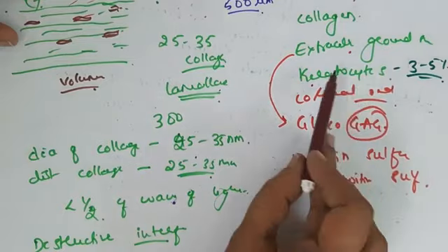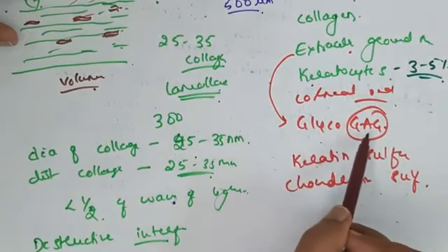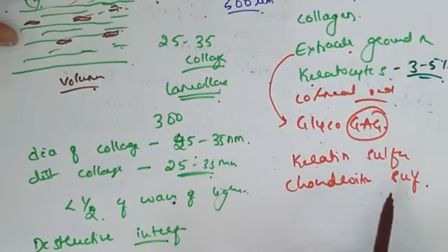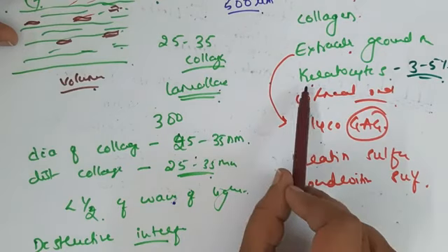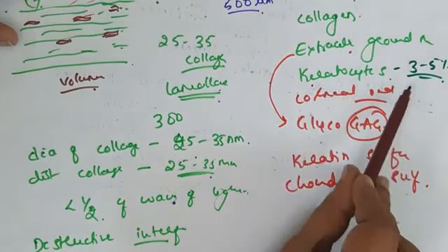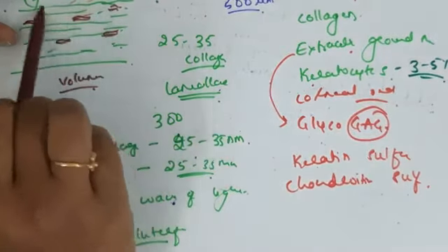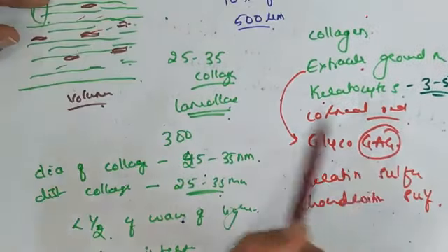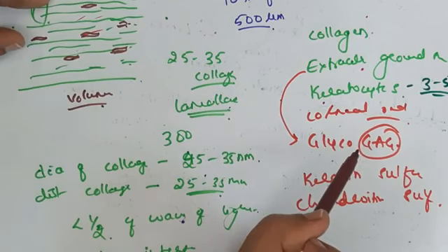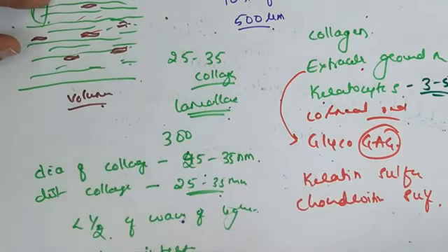The next component, that is extracellular ground substance, that is glycosaminoglycans, which have keratan sulfate and chondroitin sulfate. The third component is the keratocyte, which contributes to 3 to 5% of the dry weight of the cornea. These are spindle shaped cells which are scattered in the stroma, and they synthesize this extracellular matrix component, thereby maintaining the volume of the stroma.